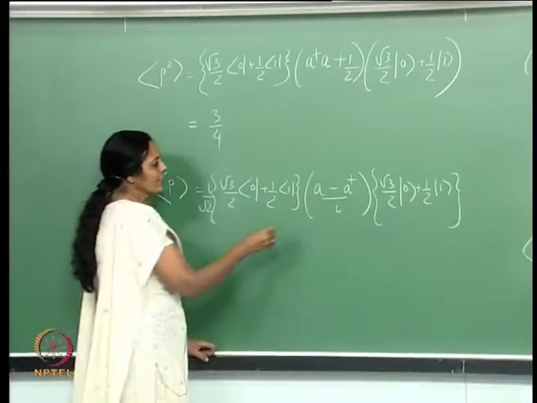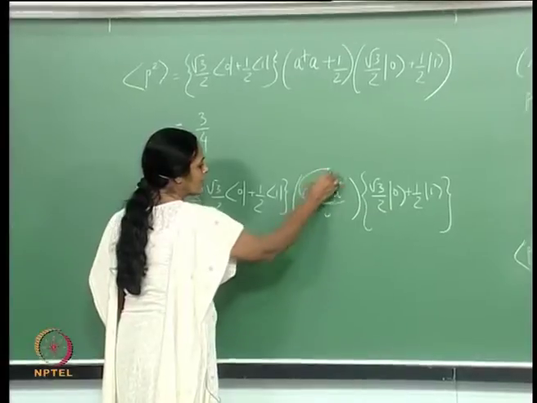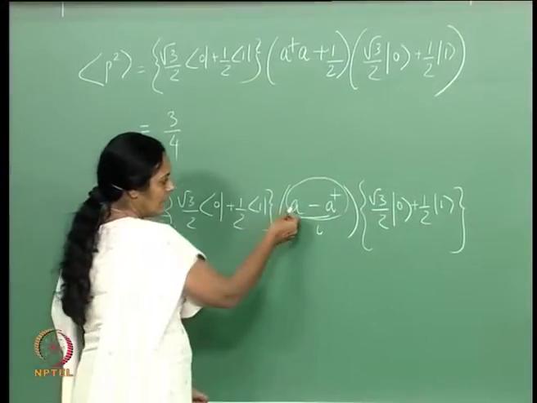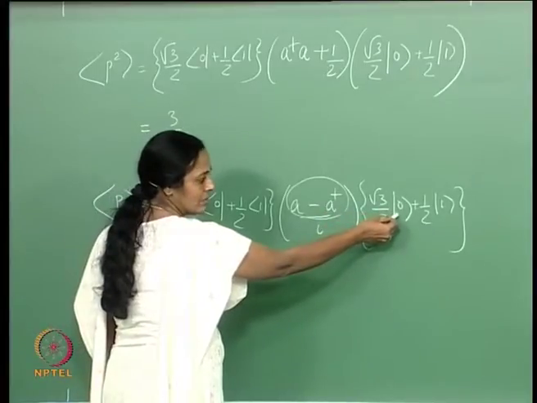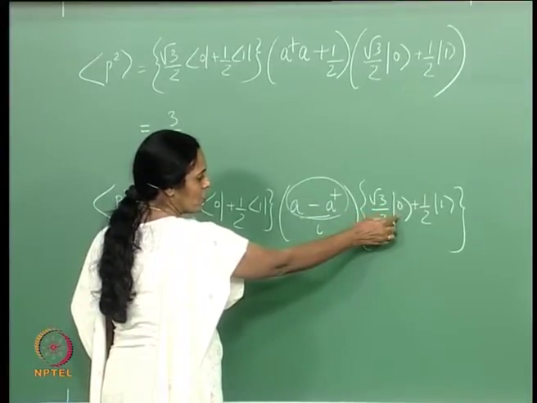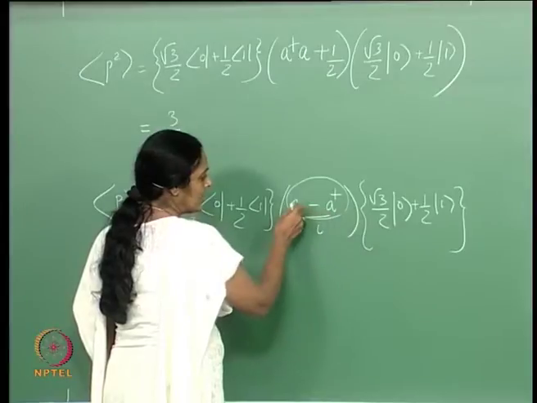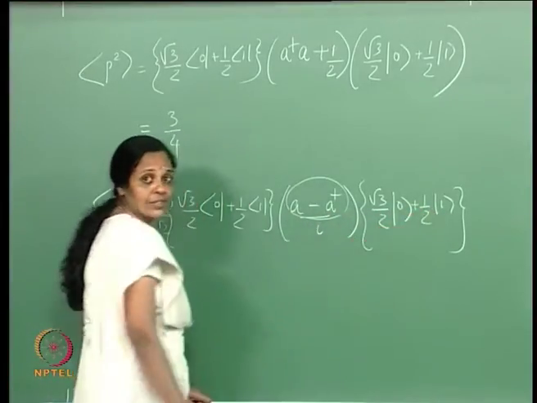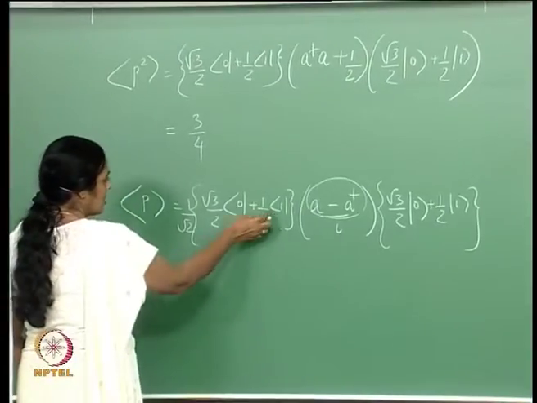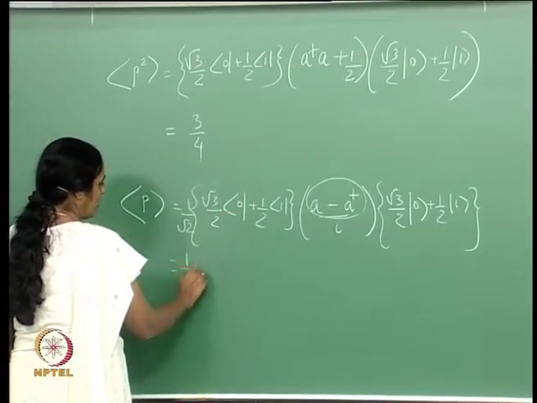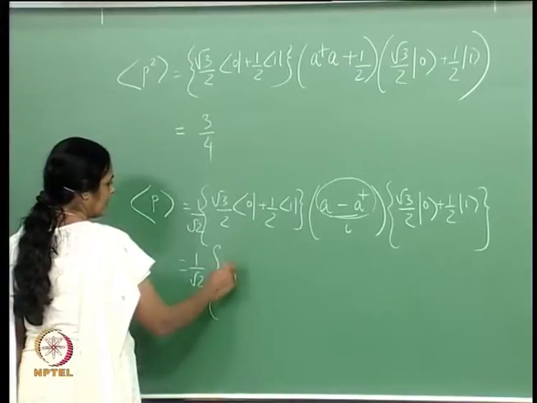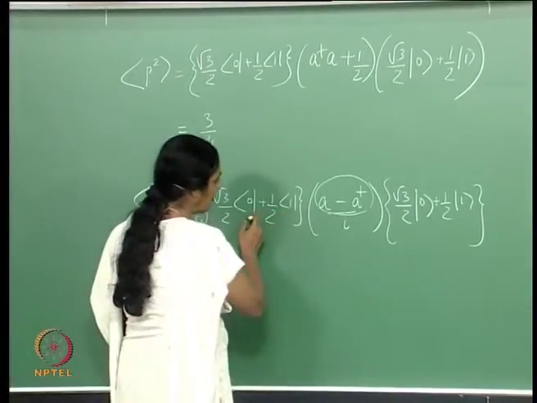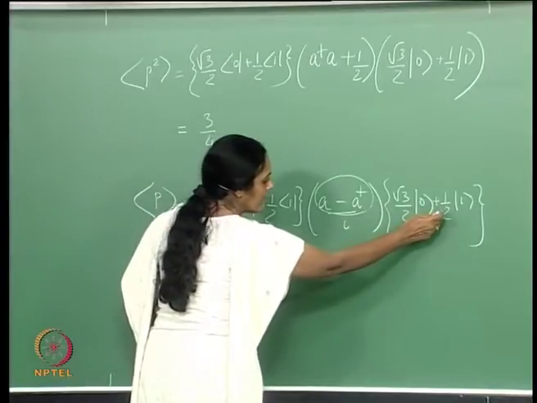So, essentially one looks at the action of A minus A dagger on this. Of course, A acting on ket 0 simply gives me 0, there is no contribution, and A acts on ket 1 brings it down to ket 0. So, there is a contribution from here, which is a root 3 by 2 from bra 0 here, and a half from there.